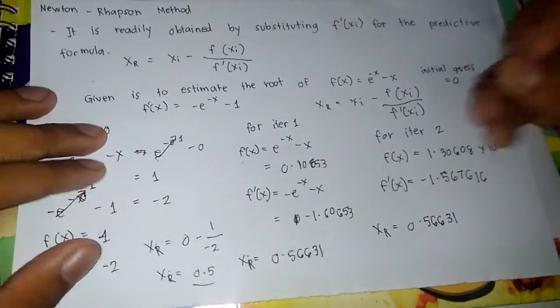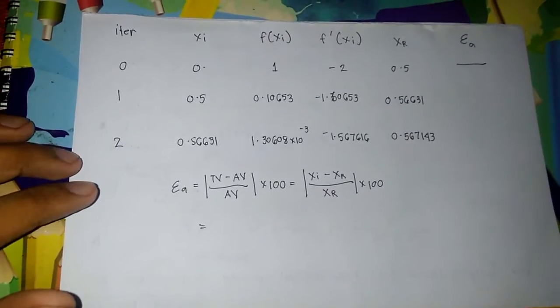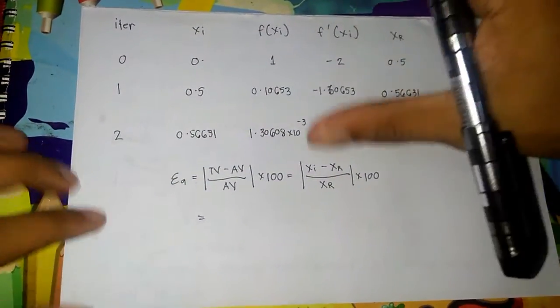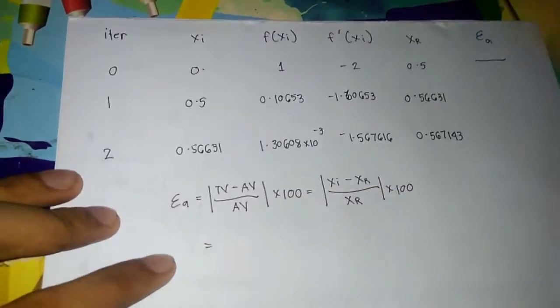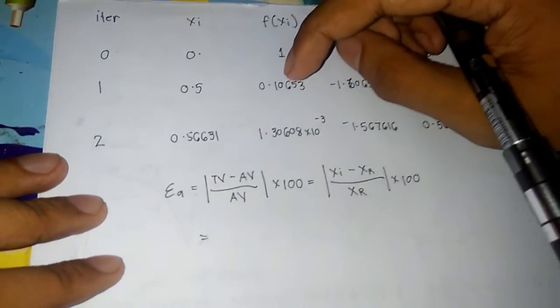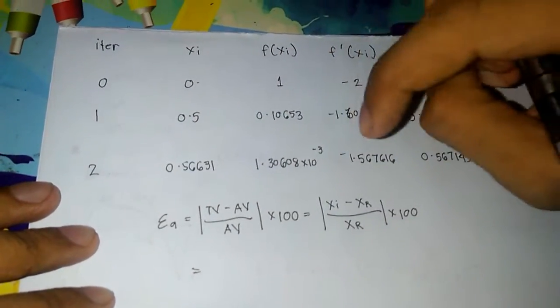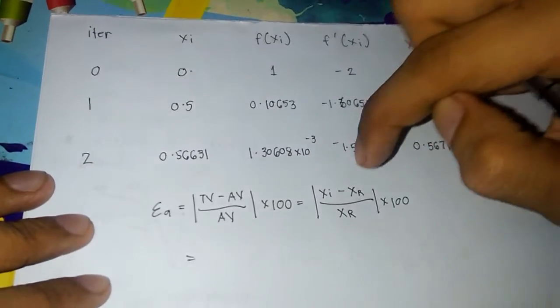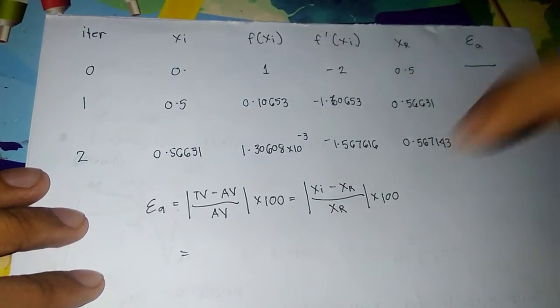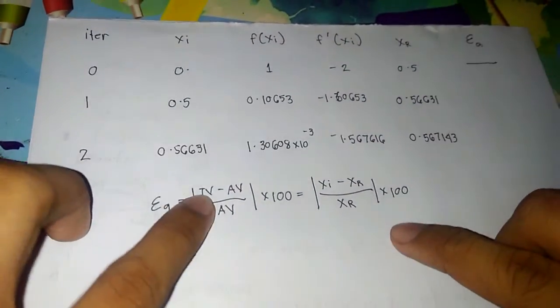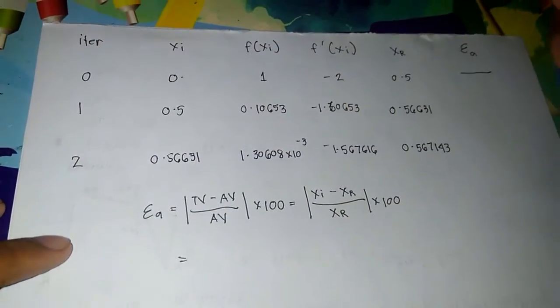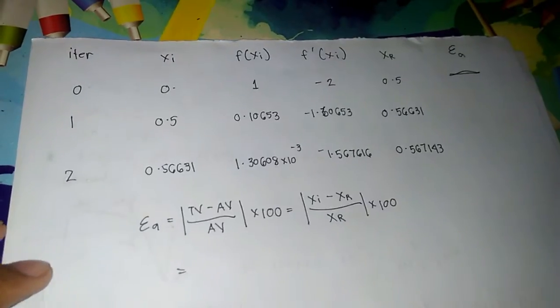So for this table, we have to determine the approximation error. True value minus approximate value over approximate value times 100 could be like xi minus xr over xr times 100. For this part, xi minus xr, you have to leave blank because it is 100%.